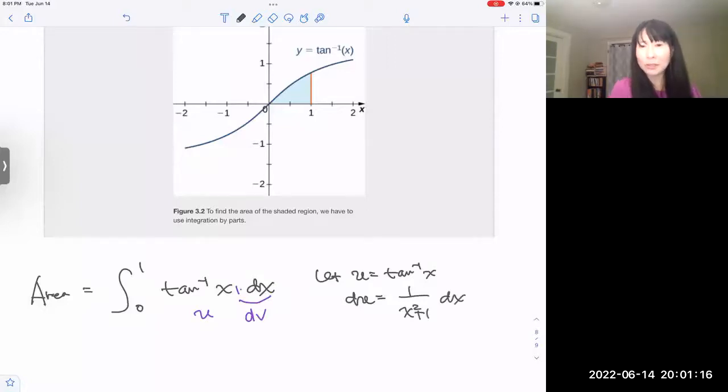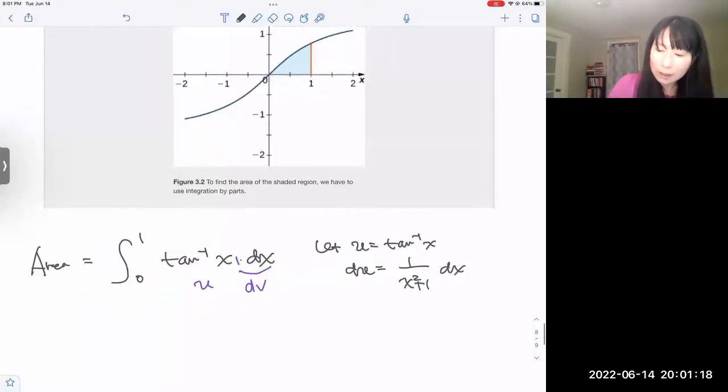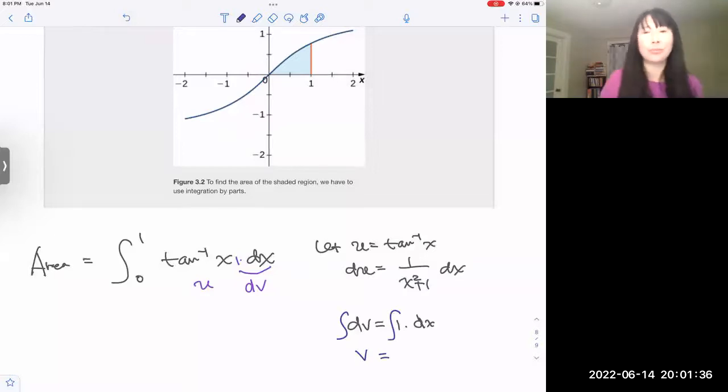We do derivative. Now dv, which is 1 times dx. We do antiderivative. V, what do you get? X, good.